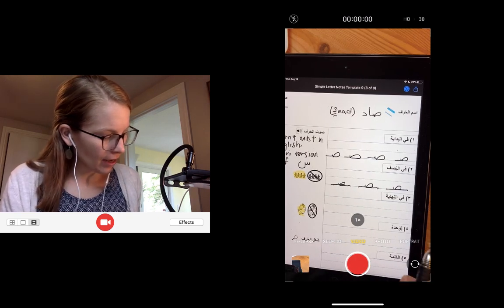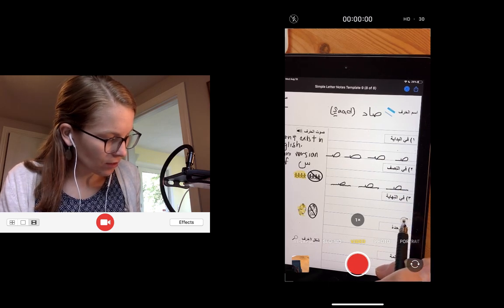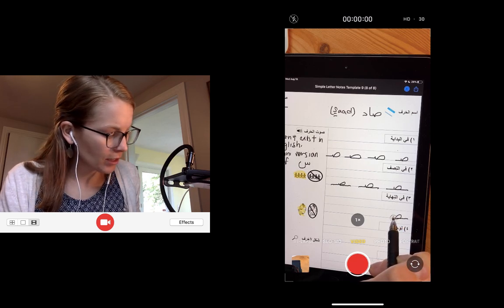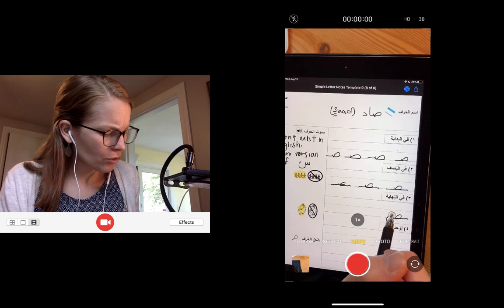وفي النهاية مثل في النص, فنعمل كذا. And then when we do this little tooth, we're going to continue it downward, kind of like a noon in its end form, like this, okay? So a noon would have a dot there.